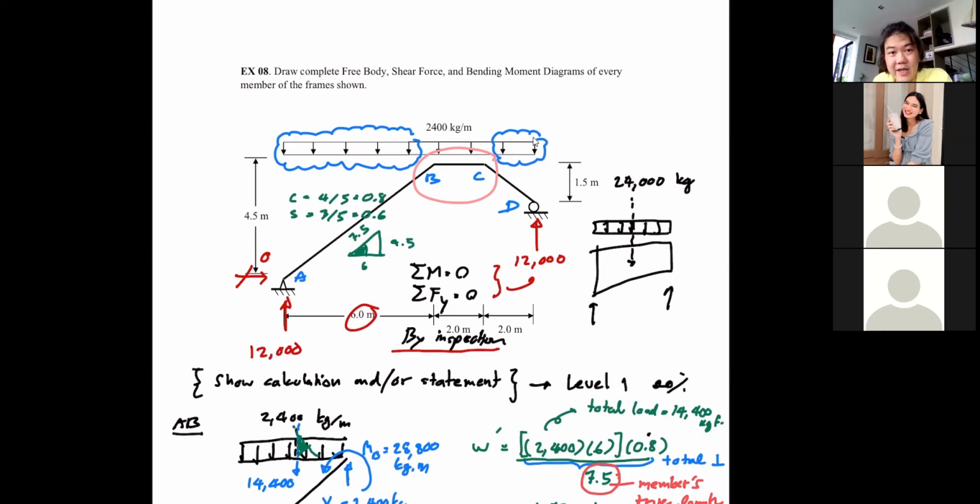And I always emphasize on the fact that you get your free body diagram correct first. It is fundamental to everything you do in civil engineering. It shows that you have the balance of force. It shows that you have the balance of your system. And if your system is properly balanced, you have equilibrium and everything should fall into places for you.